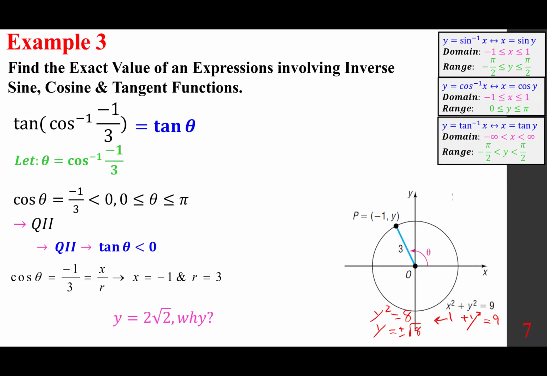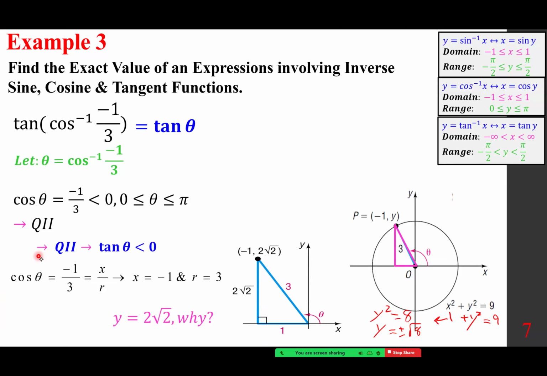So we are looking at this piece. We make it larger to make it clear. This distance is 1. This is negative 1. This distance is 2 square root of 2. And tangent is y over x, everybody.